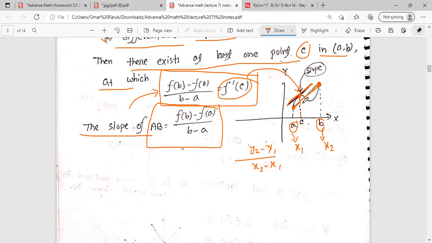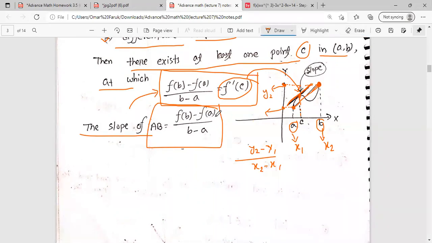And for y2 minus y1, if you take a point here, this point will be y1, and if you take a point here, this point will be y2, okay? Or you can also say f(b) or f(a), like we mentioned here.